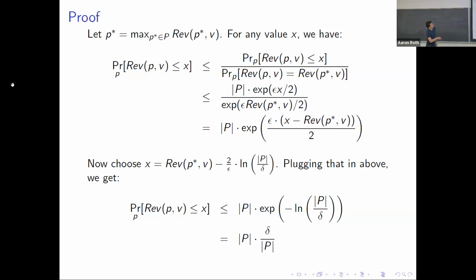And I'm just going to get the number of prices times delta over the number of prices, which is just delta. Okay, so the probability that we get a price that gives us revenue that is worse than the optimal price minus 2 over epsilon times the log of the number of prices I'm choosing amongst is small, it's at most delta.